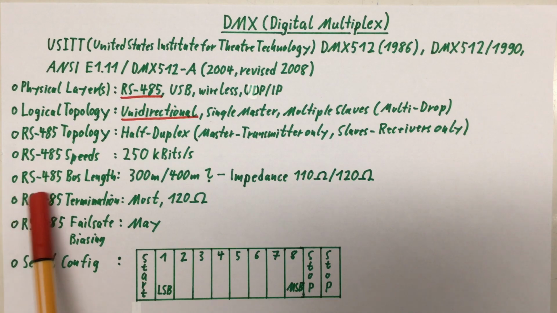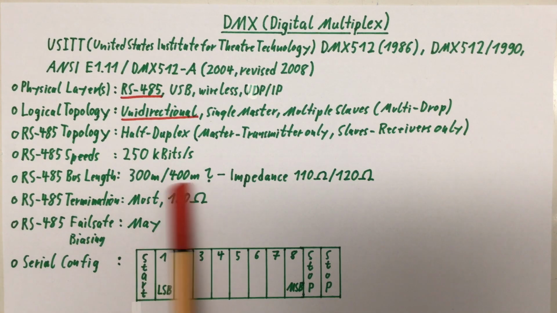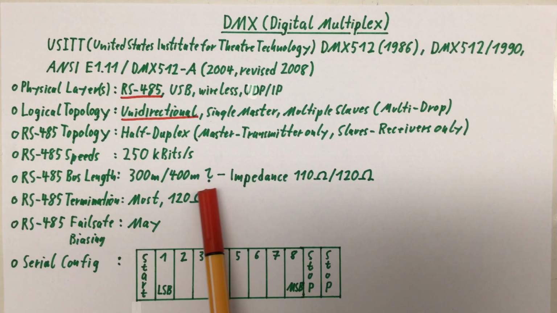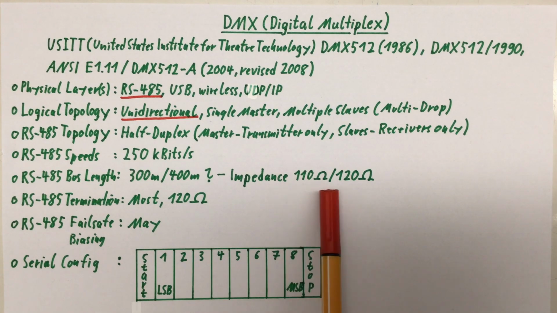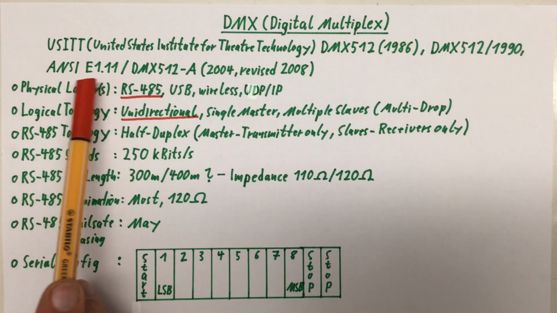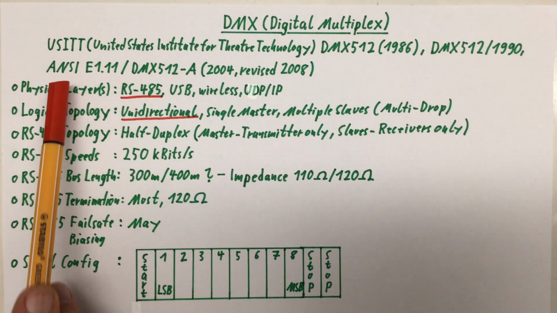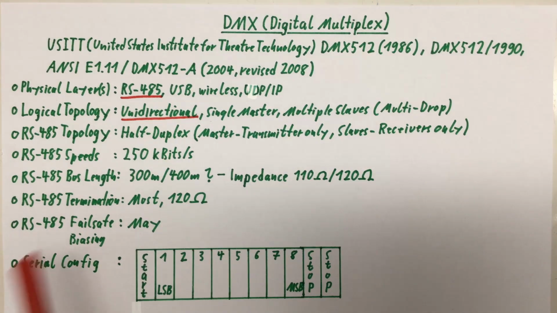The maximum RS-485 bus length is 300 meters or 400 meters. It depends which source you are reading. The cable impedance should be 110 ohms or 120 ohms. Funnily enough, both parameters are not defined in the ANSI standard. The ANSI standard is just referring here to the RS-485 standard.